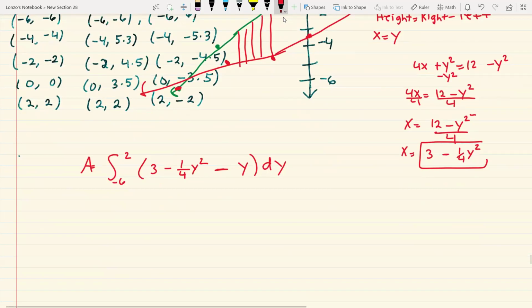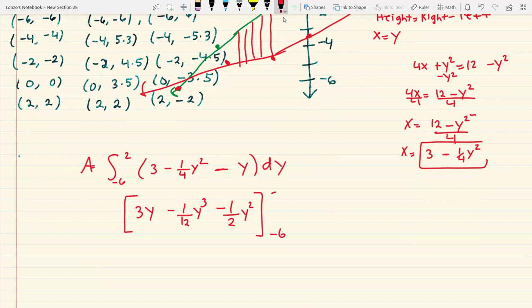Okay, so now we just have to take the integration of each term. The integration of 3 is 3y. The integration of -1/4 y squared becomes -1/12 y cubed. The integration of -y is -1/2 y squared. And then we're going from -6 to 2. Okay, so do your fundamental theorem.